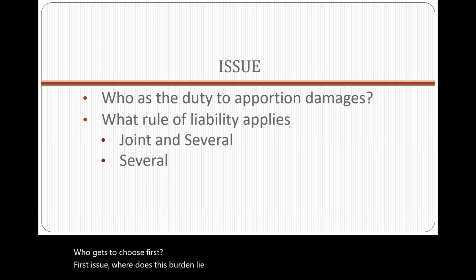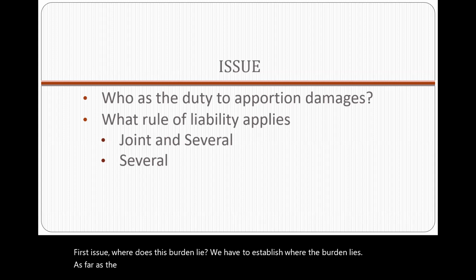We have to establish where the burden lies as far as it relates to how the damages are going to be apportioned. But that is only the first question that has to be answered.